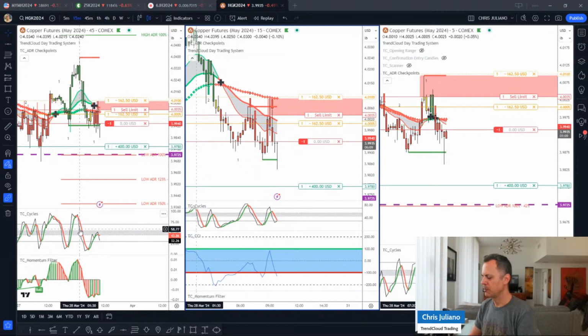Giving us a little trouble here. Maybe we take a little heat. We don't know, but we are set up. We are set up if it pulls back really deep.